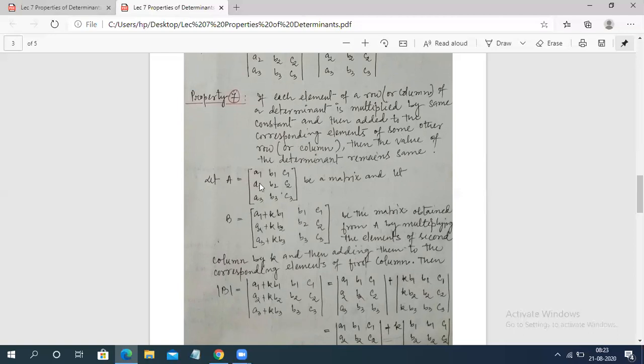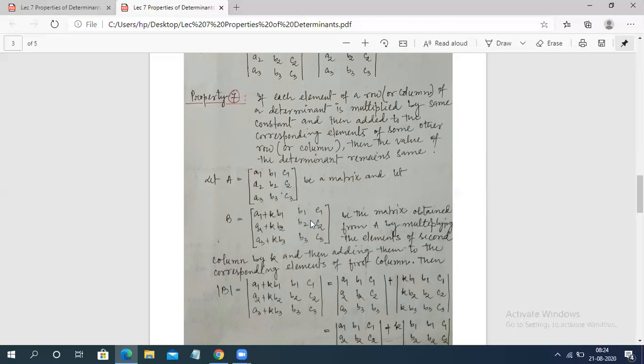It means, suppose A is this matrix and B is another matrix of the form A1 plus KB1, A2 plus KB2, A3 plus KB3, and the C2 and C3 entries are the same.